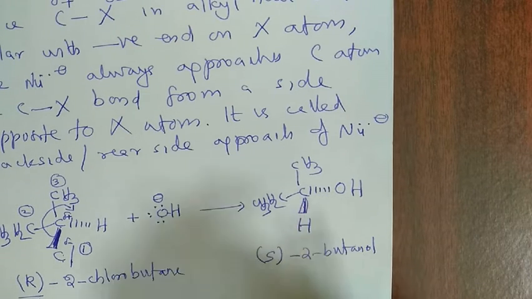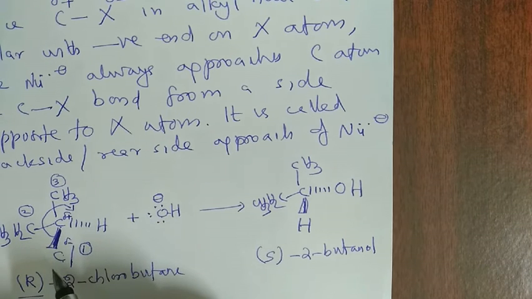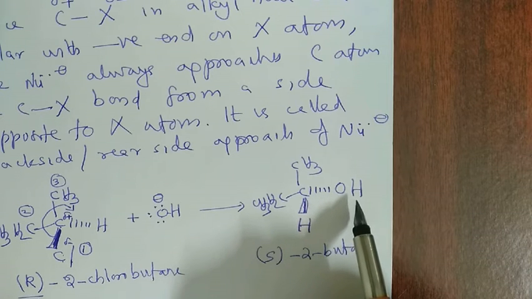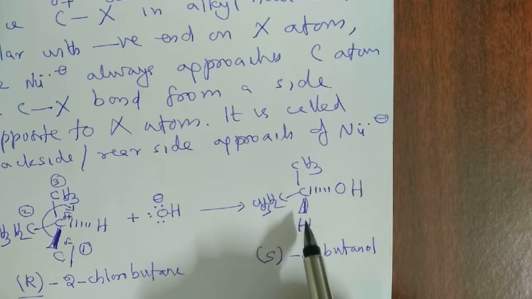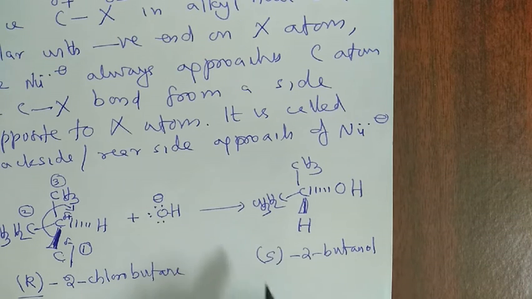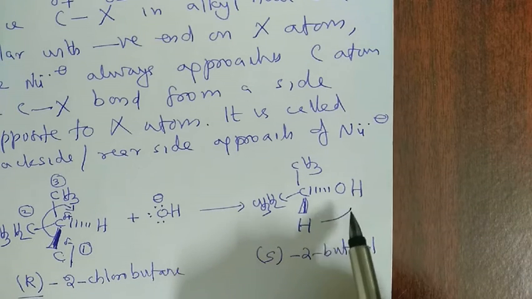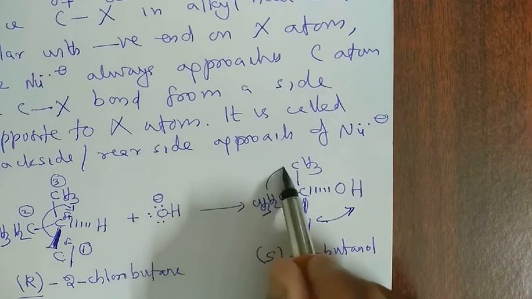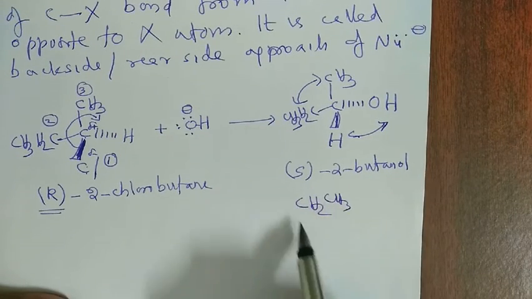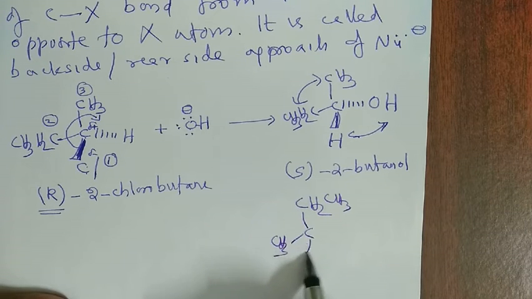The OH group approaches from the rear side of the carbon-halogen bond. Hence, the OH group in the product will be pointing away from the observer. Therefore, the group pointing towards the observer will be the hydrogen atom, and this represents the S isomer of 2-butanol. In order to find the configuration of this molecule, exchange these groups. On exchanging, we will get CH2, CH3, CH3.